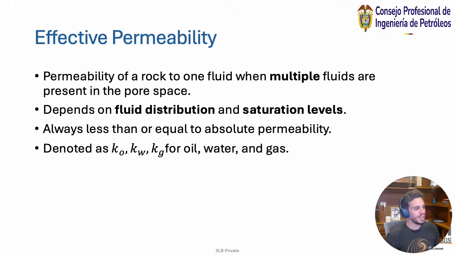But it is always less than the absolute permeability, which makes sense intuitively, because you must add all three effective permeabilities to get to the absolute permeability. So it becomes sort of a fraction. So if you want to know the oil, water, and gas permeabilities, they're denoted as KO, KW, KG.